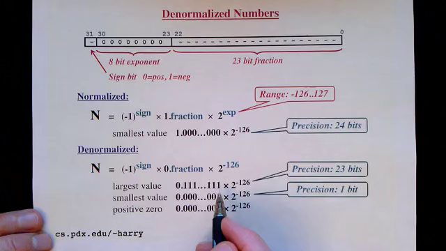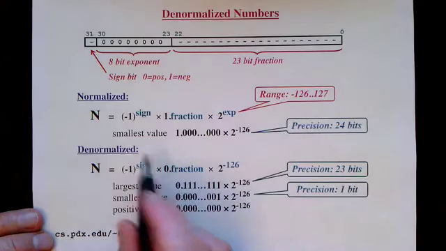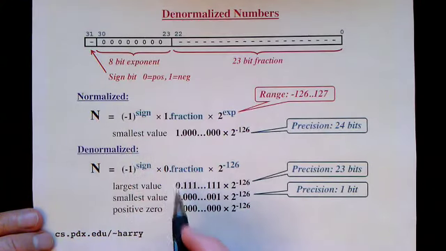As we decline even further, we keep losing precision. Down here at the smallest value we can represent, we only have 1 bit of precision. And if we go one lower, we have all zeros. That's our representation for positive 0. And we can also have negative 0 as well. All these numbers could be negative as well.